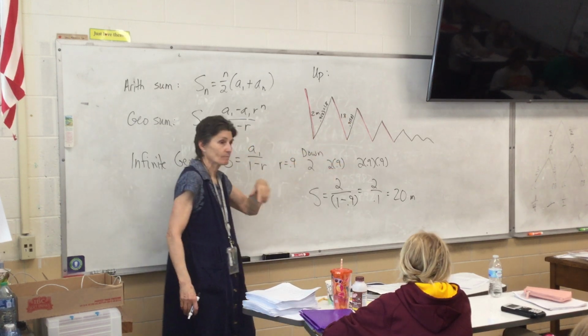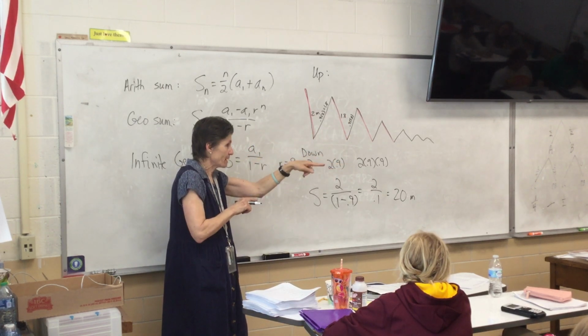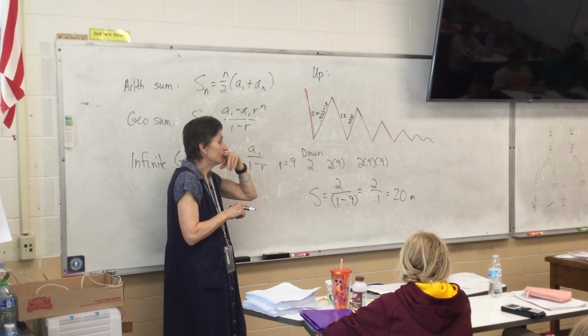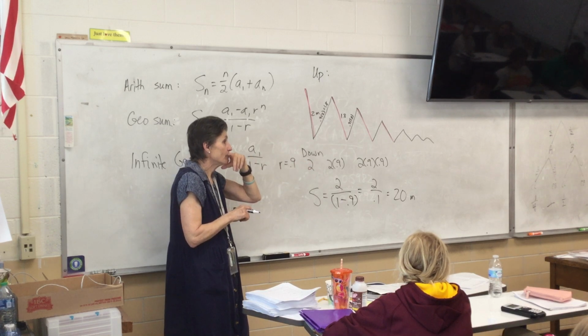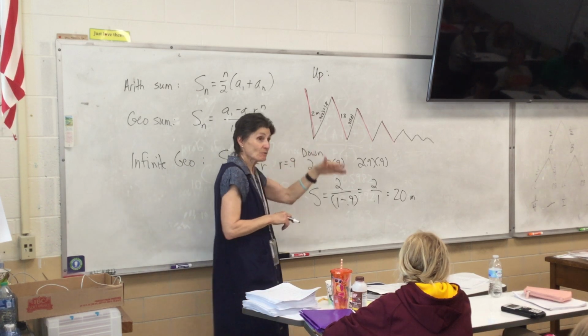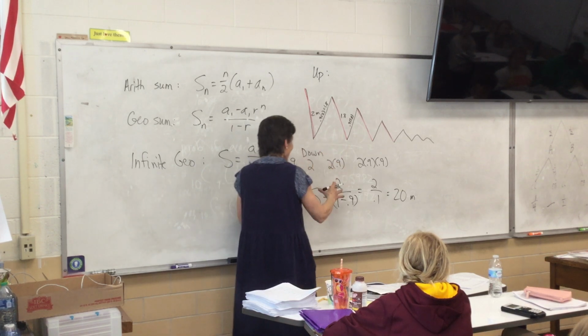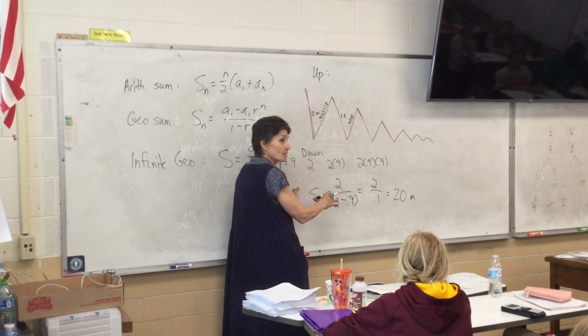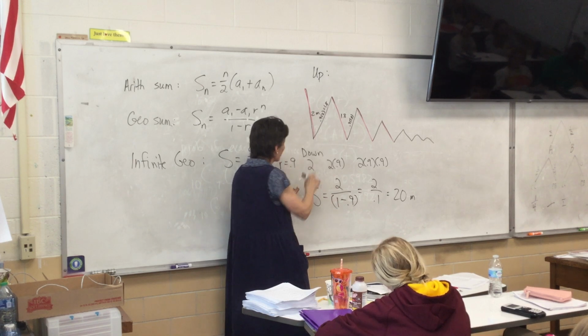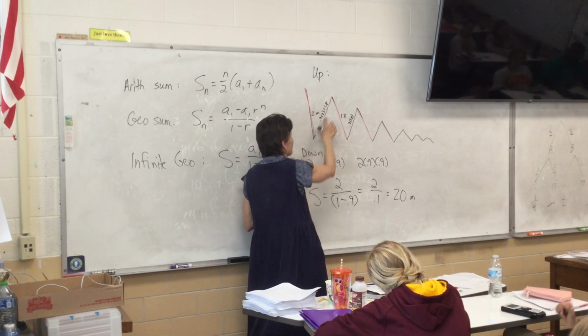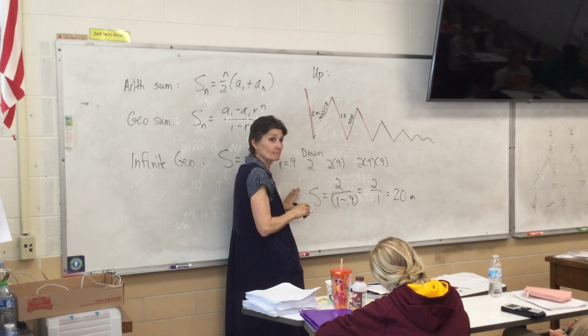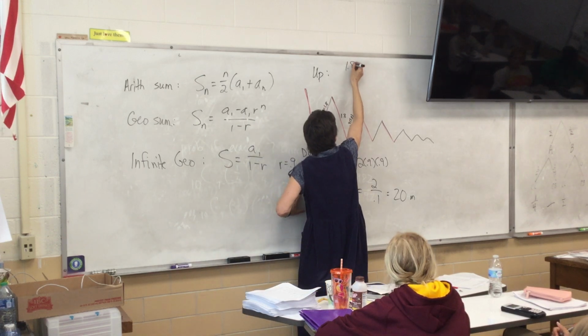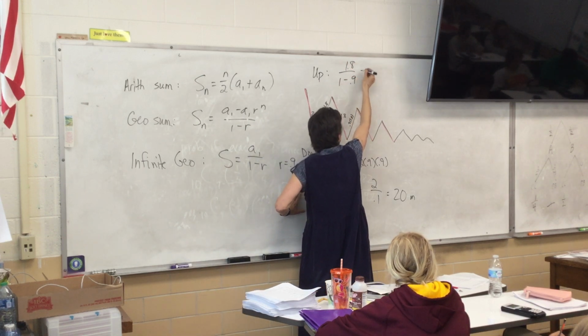Isn't it times by? Patrick? I was gonna say 1.8. Okay, so Patrick says, let's just do exactly what we just did, but let's start with the first up, which is 1.8. So 1.8 over 1 minus 0.9.